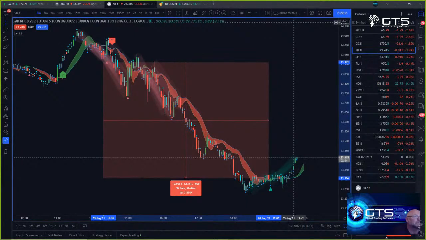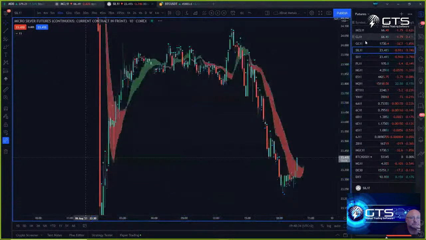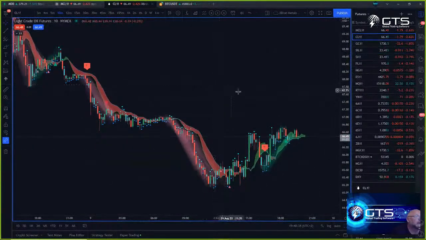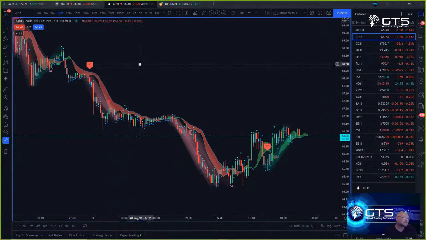Okay. Anyway, we've done silver, now oil on the 10 minutes. Okay, so oil on the 10-minute loop. With 4 contracts, that's $60,000 there, Daniel, on silver.